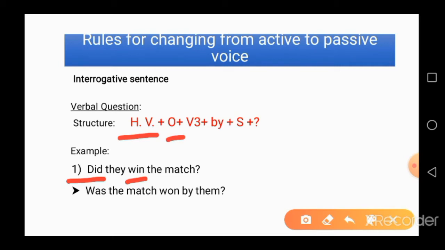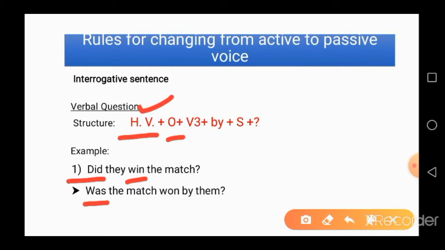When you change passive voice of simple past tense, as we learned in the tense chart, we take was or were as a helping verb in the simple past tense. So, when you write helping verb first, you need to take was or were.